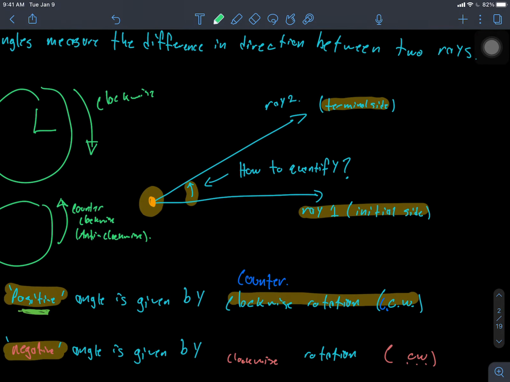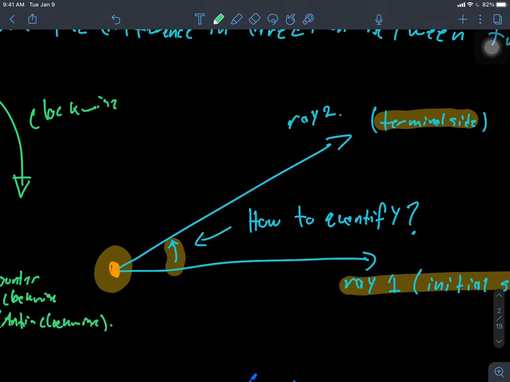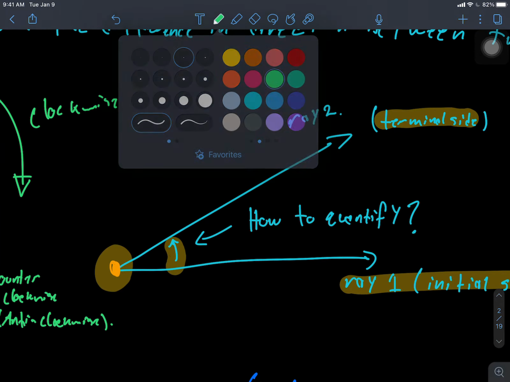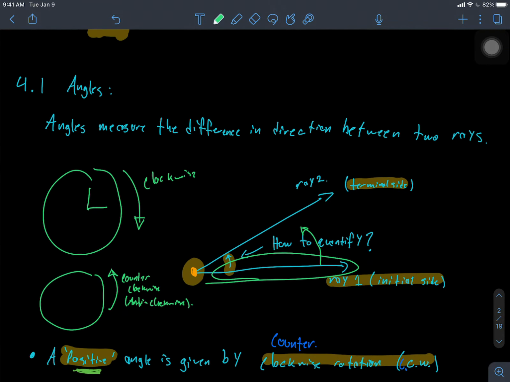So if we have an angle given by a counterclockwise rotation, such as this angle here, we take this ray and rotate it counterclockwise to get our terminal side, then we call that a positive angle.